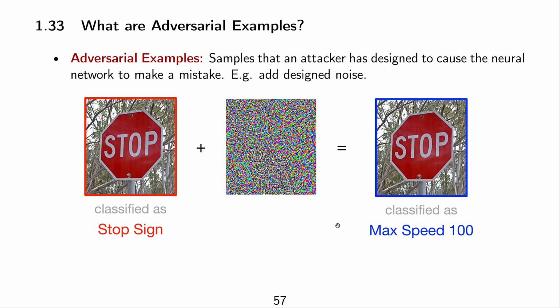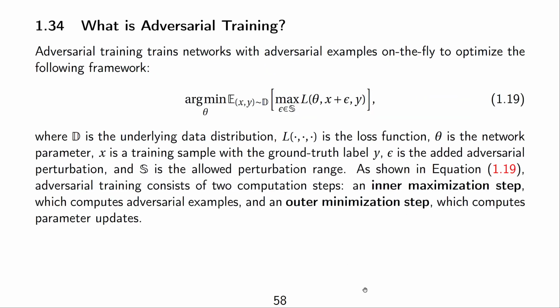So let's look at what adversarial training is. I basically only want to look at this equation here, and the traditional equation looks at the loss function with respect to the network parameters theta, the input image x, and the ground truth label y.